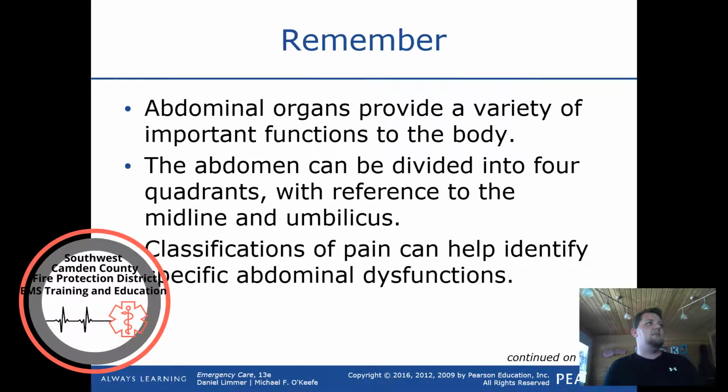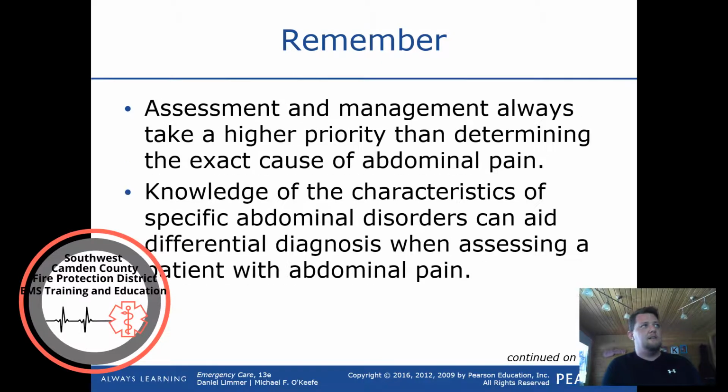So things to remember: abdominal organs provide a variety of important functions to the body. The abdomen can be divided into 4 quadrants with reference to the midline and umbilicus. Classifications of pain can help identify specific abdominal dysfunctions. Our assessment and management always take a higher priority than determining the exact cause of that abdominal pain.